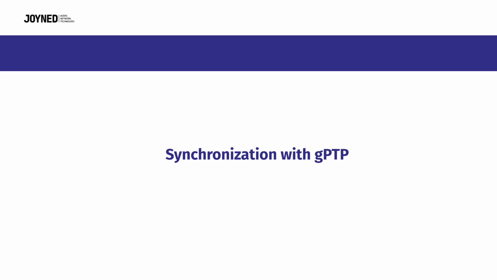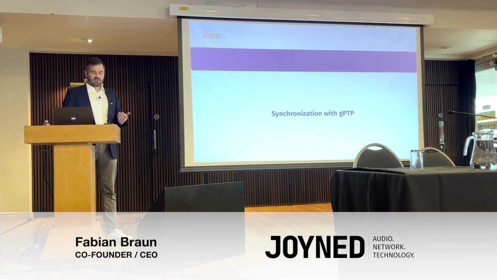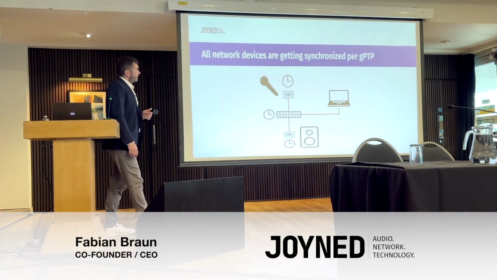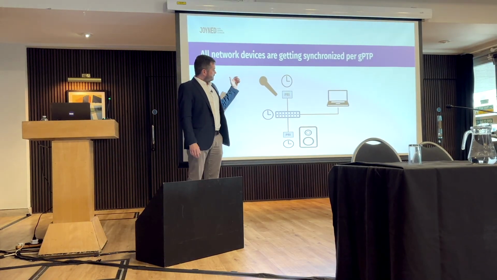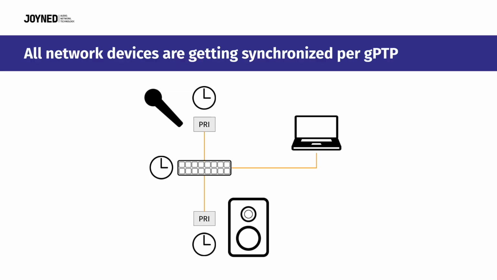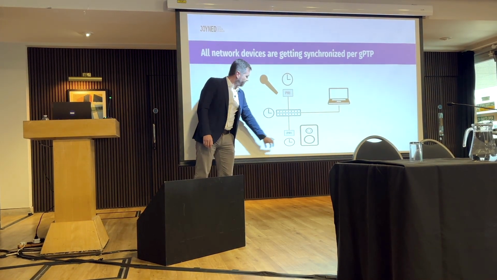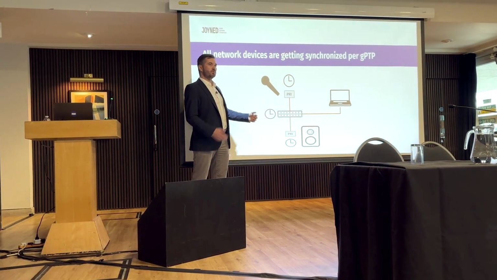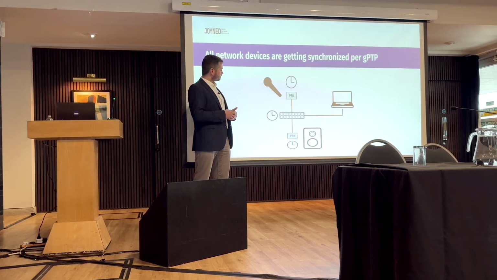So we will go a bit more into details now. First, we talk about synchronization. So what makes the difference here? In a regular network, these devices do not have any time information. So if you look, for instance, at Dante, they use PTP-v1, which means there's a protocol where end stations, like a microphone and the loudspeaker, directly communicate with each other and exchange time information, so we get synchronized audio at the end.